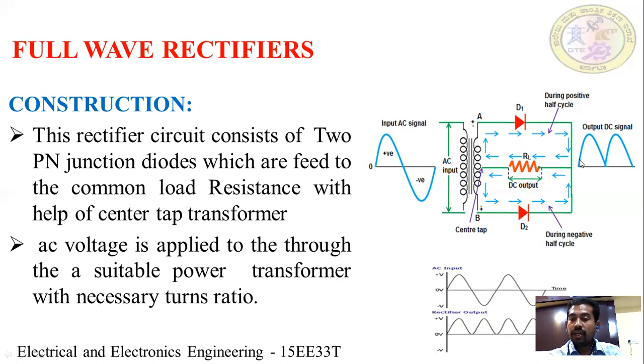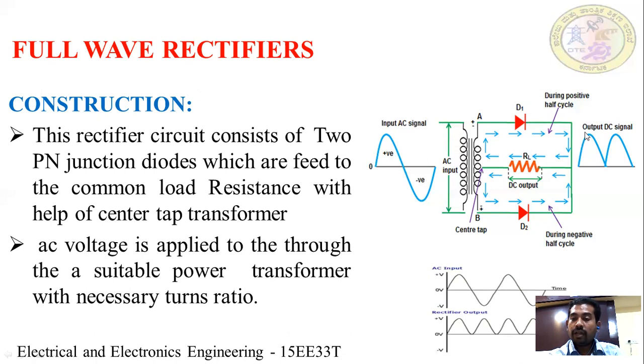Hence during the positive half cycle, we are getting a positive pulse due to the conduction of diode D1, and during the negative half cycle, due to the conduction of diode D2, we are getting one more positive half cycle.